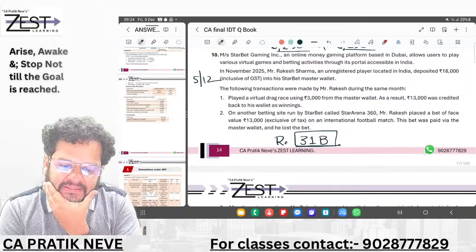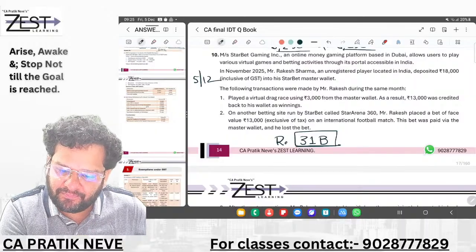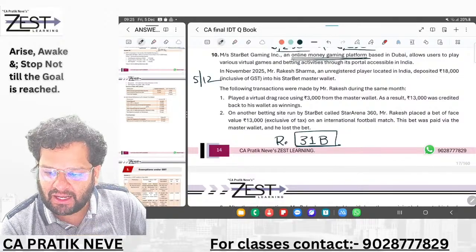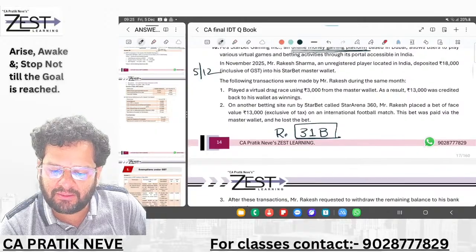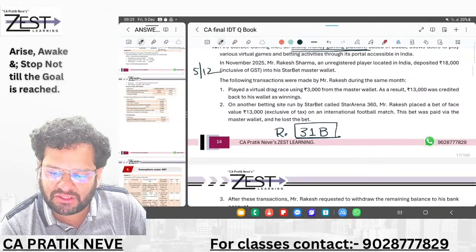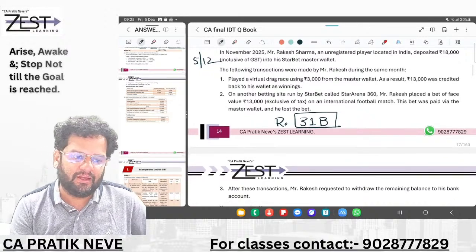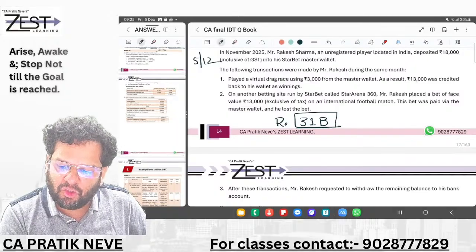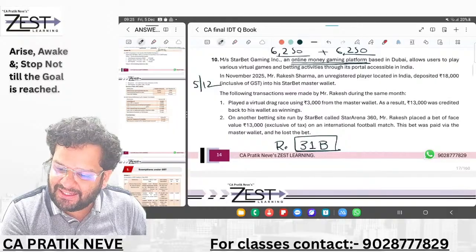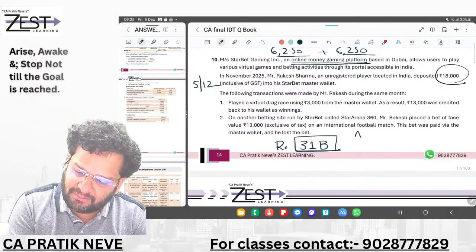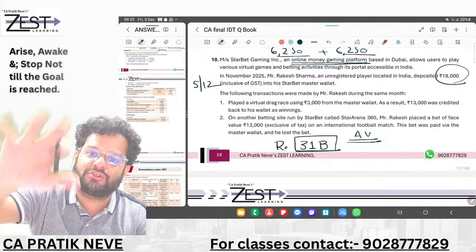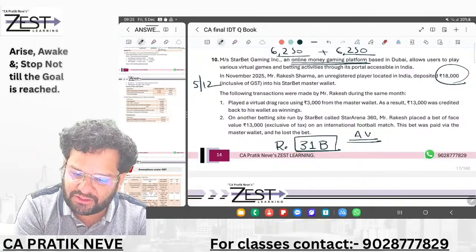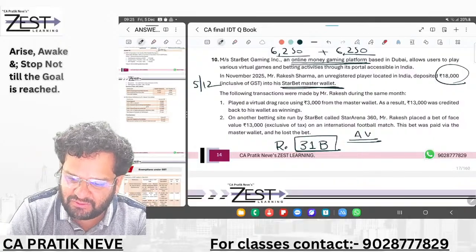Now see, Starbet Gaming, an online money gaming platform based in Dubai, allows users to play virtual games and betting activities through its portal accessible in India. In November 25, Rakesh Sharma, an unregistered player located in India, deposited 18,000. So friends, the accessible value is whatever amount is deposited in the wallet of the gaming platform. So see, it is deposited in the Starbet master wallet.